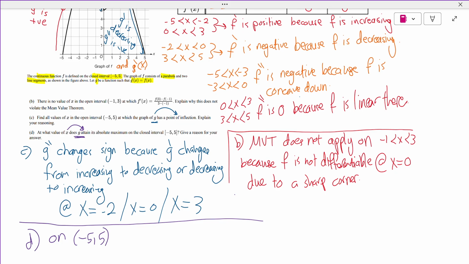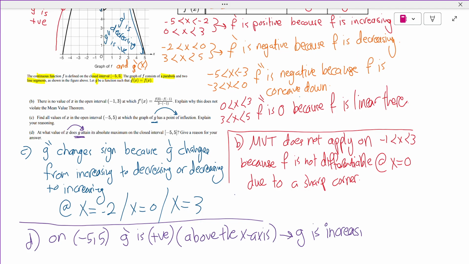On this interval, g prime is positive. Why positive? It is above the x-axis. What does that mean? g prime is positive, that means g is increasing.